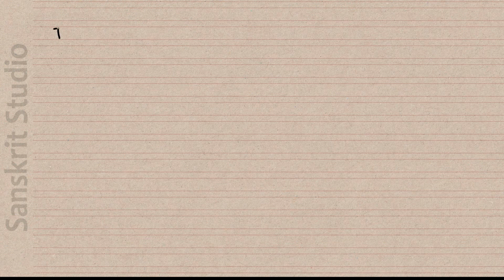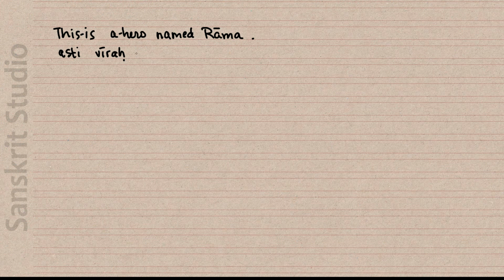So if I want to say, for instance, this is a hero named Rama, I could say Asti Viraha, and then I would of course have to use the naming here in a way.